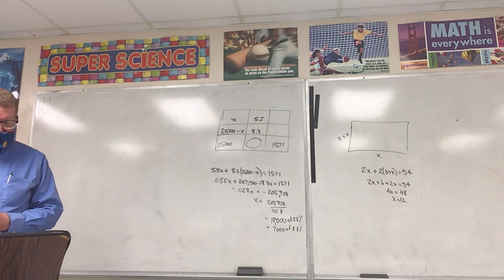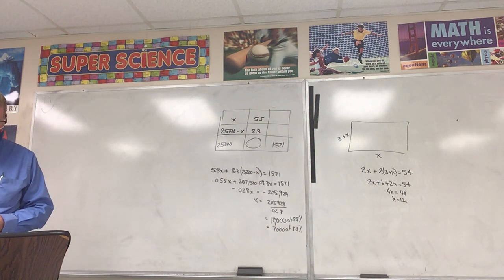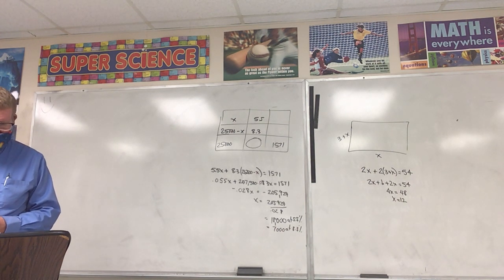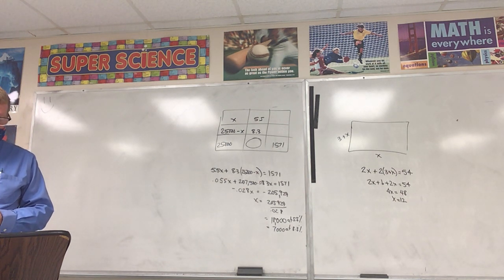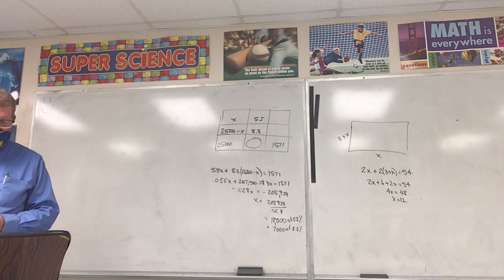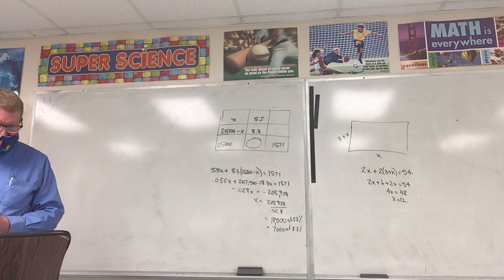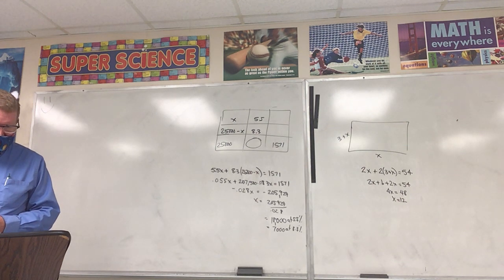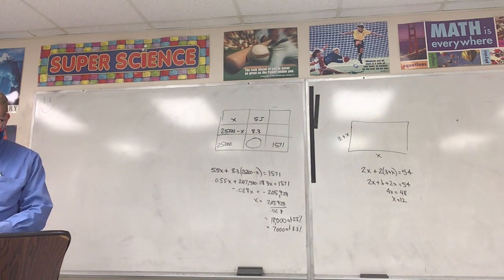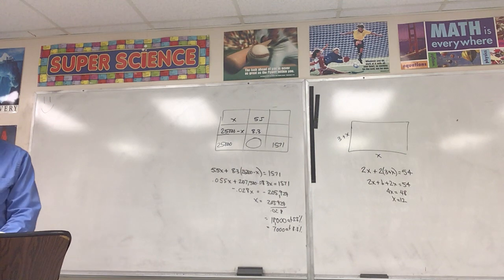Letter F, f of x equals absolute value of x minus 2. Number 2. Letter G, f of x equals absolute value of x plus 2. Number 7. Letter H, f of x equals negative sine x. Number 4, we flipped over the x-axis. F of x equals e to the x minus 1. Number 3. And then f of x equals 1 plus cosine x. Cosine x moved up 1 spot.